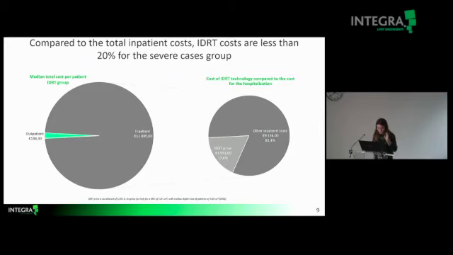So we have seen all the cost part, and now we try to see the benefit part. In the paper, the closure duration and the closure type were very similar in both groups.